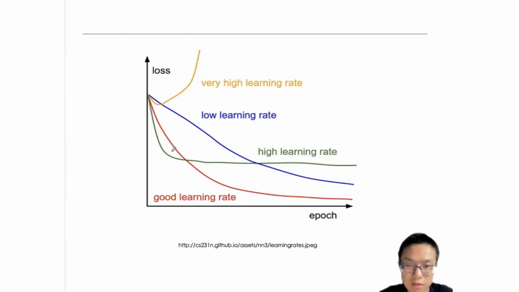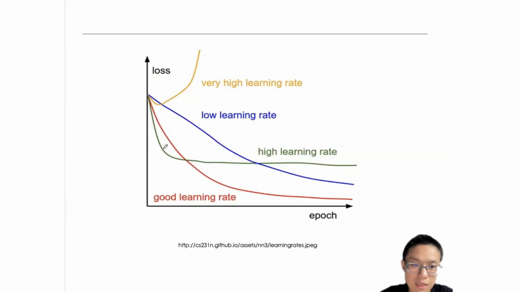And if you have a higher learning rate, not considered very high, you're still going to be able to reach a local minima, but because you have a high learning rate, maybe that local minima is not very good. Because the loss landscape for the network can be very complex, there are going to be many local minima, and in this case, you may end up with not so good a one.